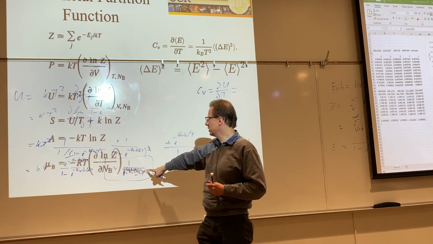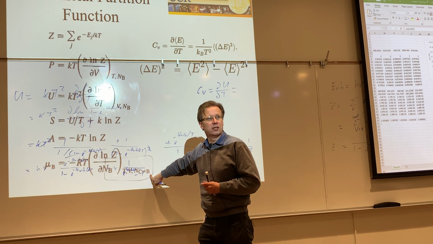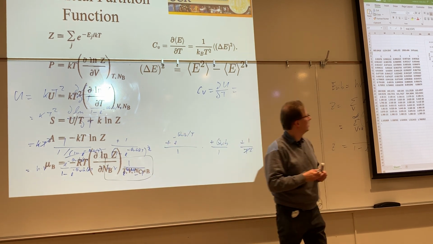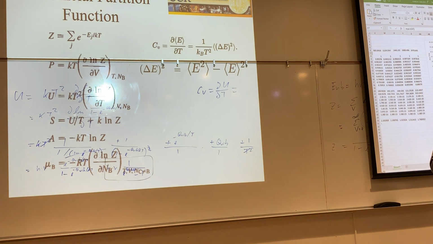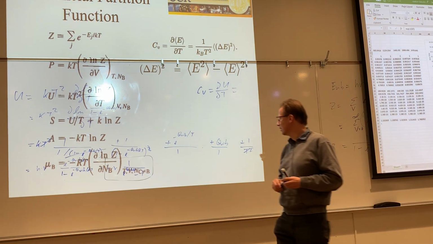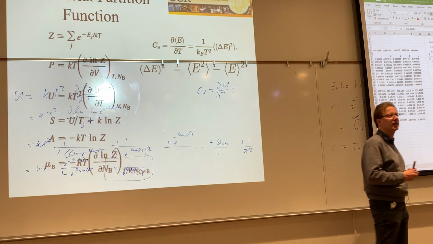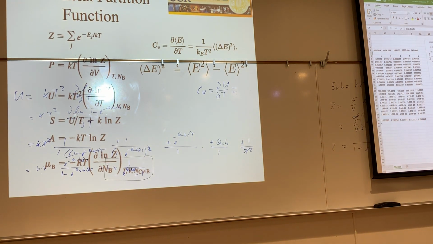And for U, we just derived the formula over here, correct? So we just need to take one more time the first derivative by the temperature of that. And this time I don't think it's even as nasty as it was there. I think it's quite easy. But that is for you to do.